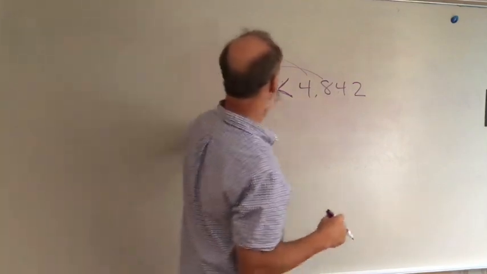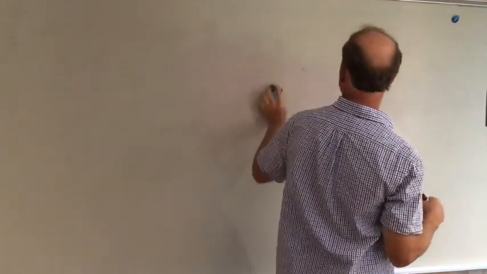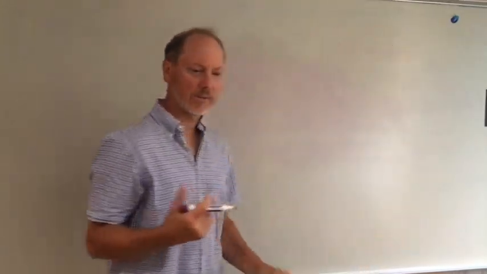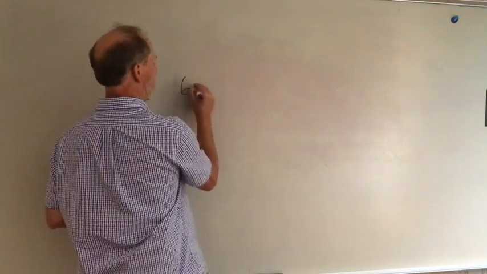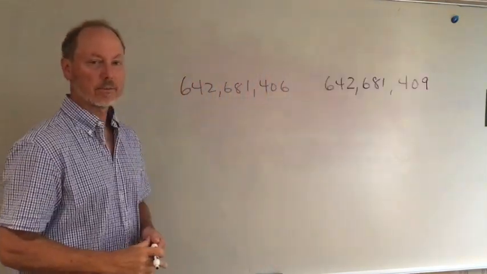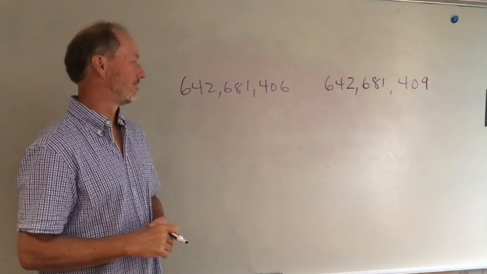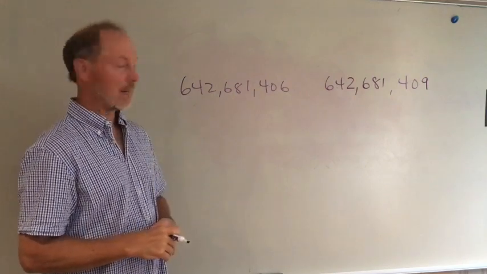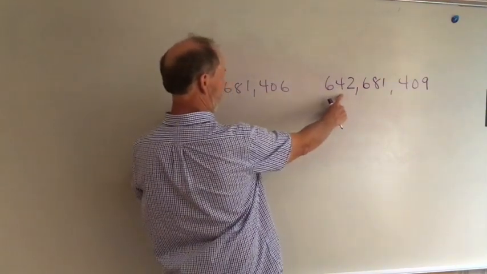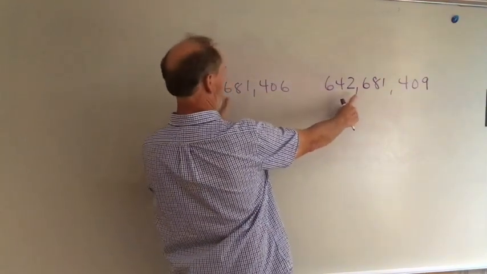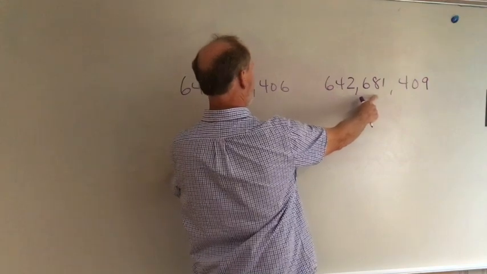It's not that complicated. You might say, but Mr. Venner, what if the number's really, really big? And I'd say, how about that? So, again, head to head. 642 million, 642 million, 681,000, 681,000.